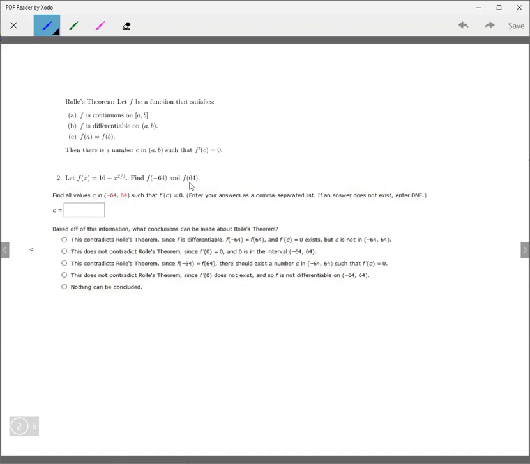Number 2, f of x is 16 minus x to the 2/3, with f of negative 64 and f of 64. So f of negative 64 is 16 minus negative 64 to the 2/3. If we take the cube root first, we get negative 4, and that's going to be 16 minus 16, or 0.